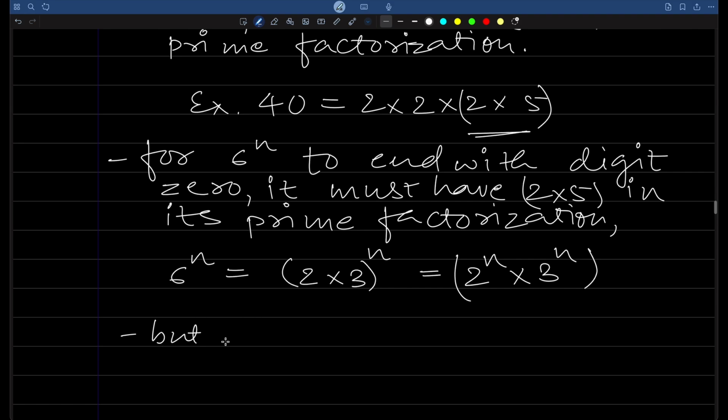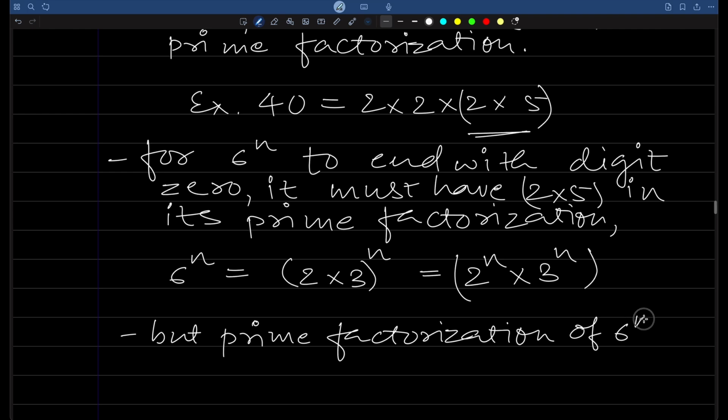But the prime factorization of 6 raised to n does not contain 5.